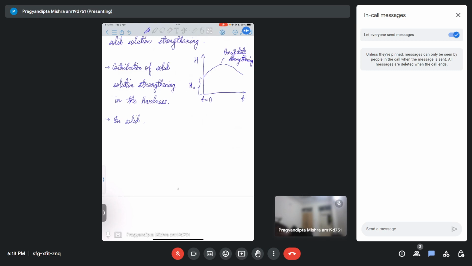In solid solution, the crystal structure of the solvent remains the same.